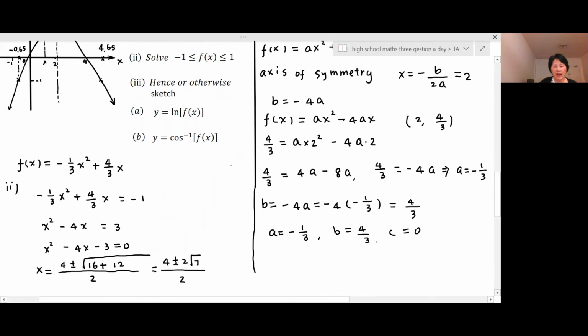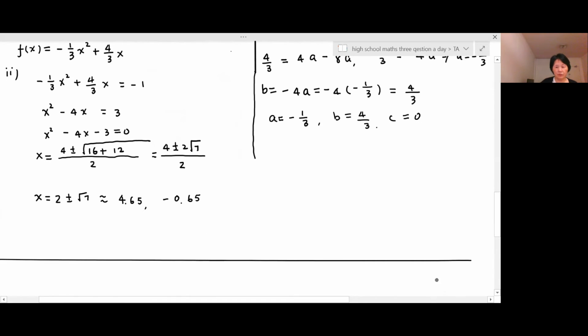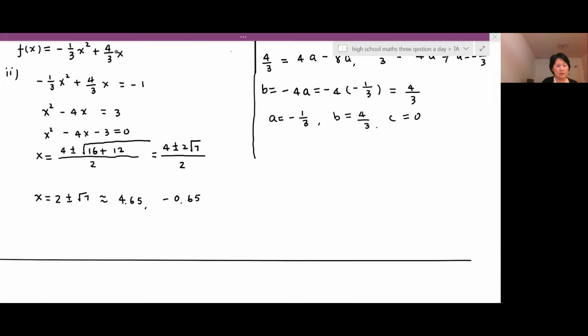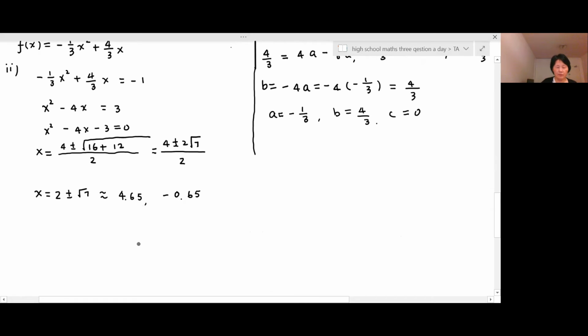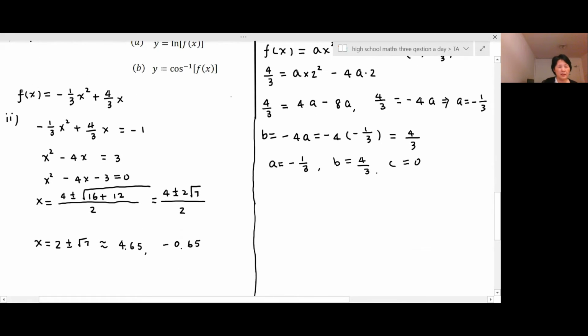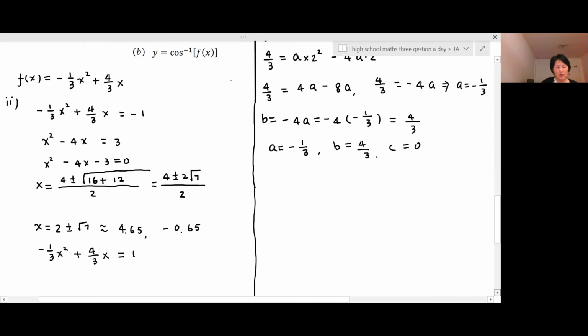Then I make the f(x) equal to 1. Okay, so minus 1 on 3 x squared plus 4 on 3 x equal to 1. I solve this equation here.